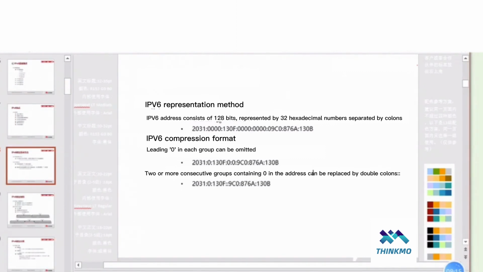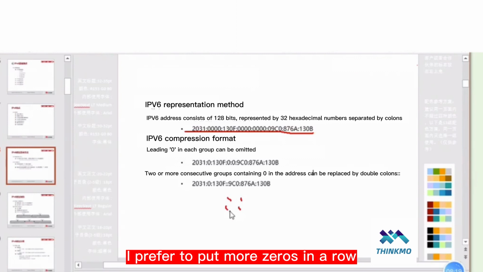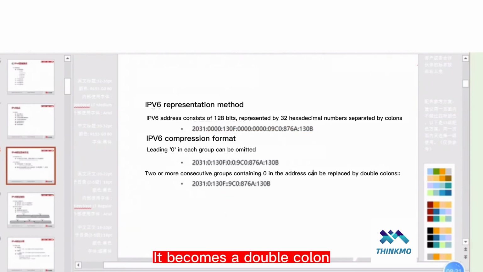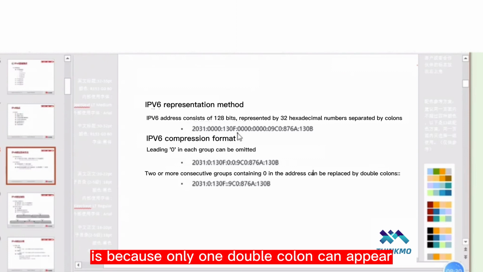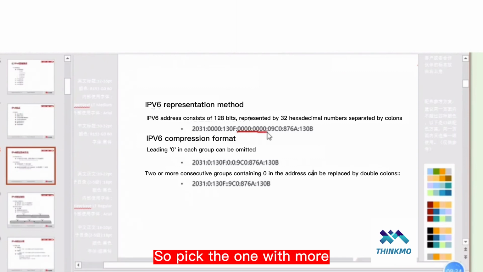That's a rule. When we abbreviate, I prefer to put more consecutive zeros into the double colon. This allows for a shorter abbreviation. It's not that the first 4 zeros can't work, it's because only one double colon can appear. So pick the one with more.